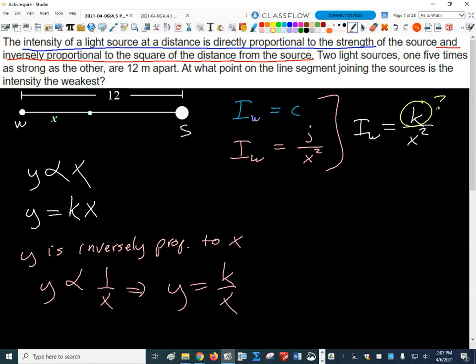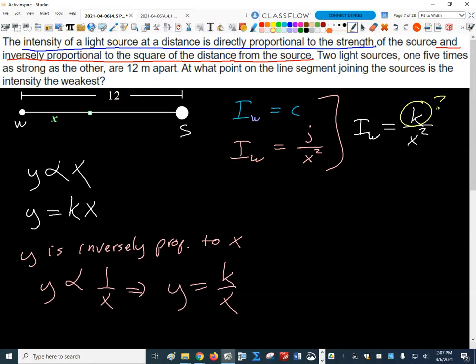If I know it's inversely proportional to the square of the distance, I have to have an x squared on the bottom. If I double the distance, I'm decreasing the intensity by a factor of 4. Okay. What about that k? Well, the k is just there because that's going to represent the strength of the light source. This will make it easier.